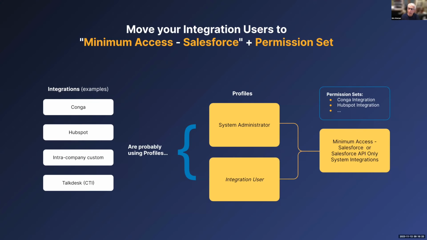Create a permission set that either is taken directly from the vendor, which is the ideal solution, or taken from the vendor and enhanced for what you need, and then assign those permission sets to the various integration users that you have. Now, this assumes, and this is something I recommend all the time, that every integration has its own dedicated user. It helps in traceability.